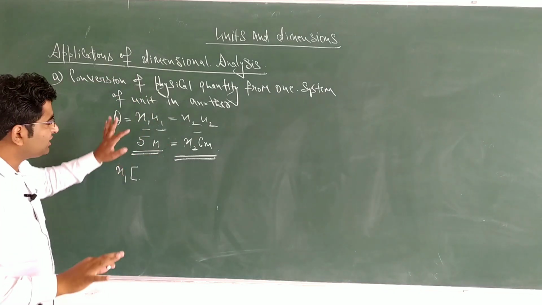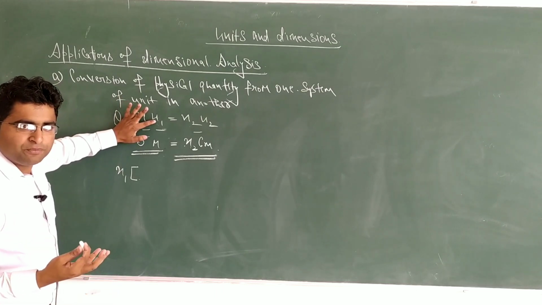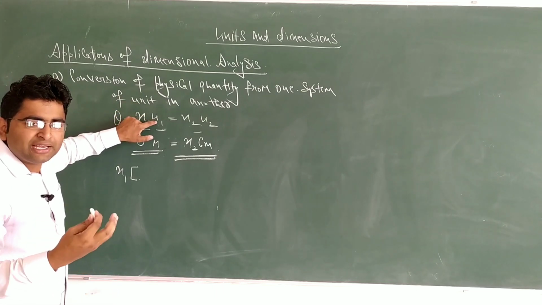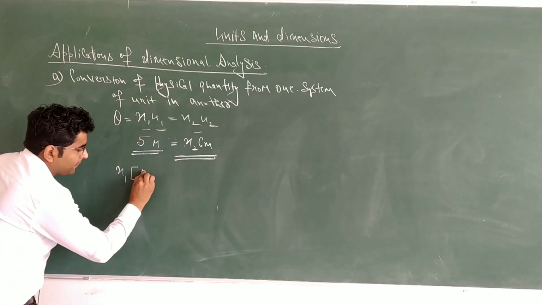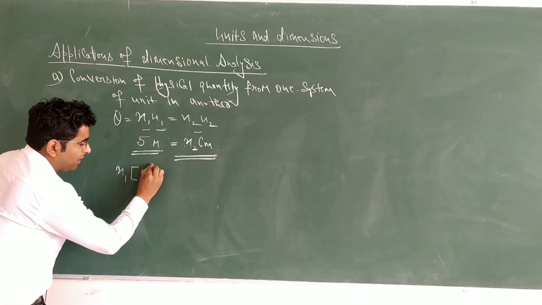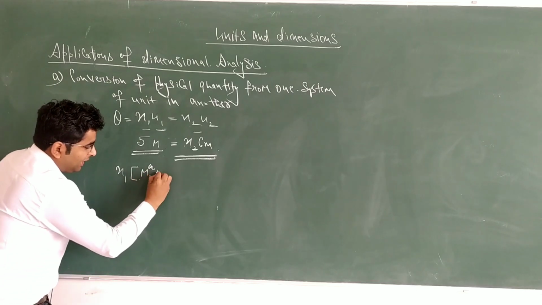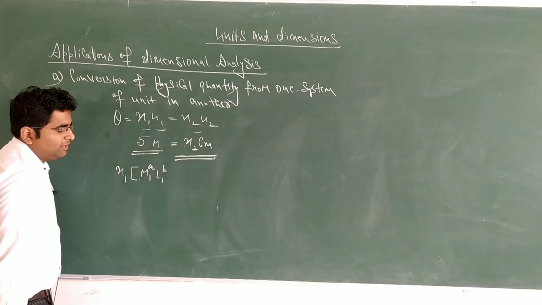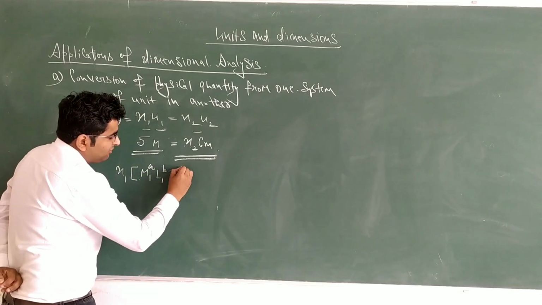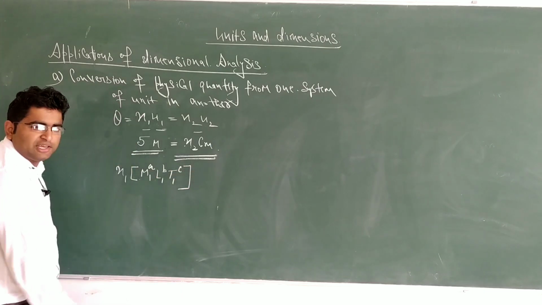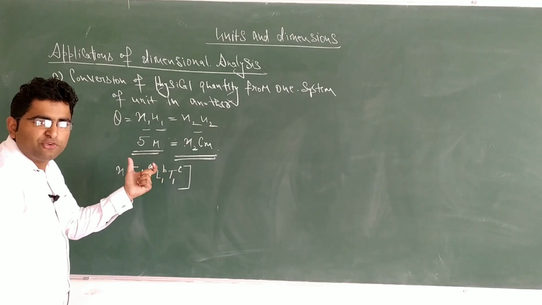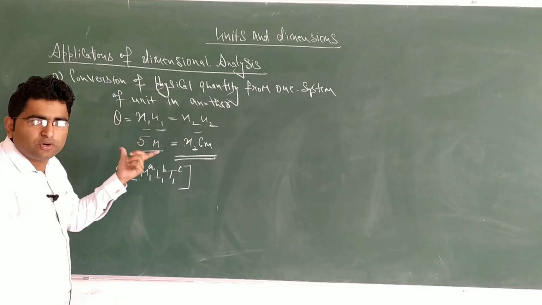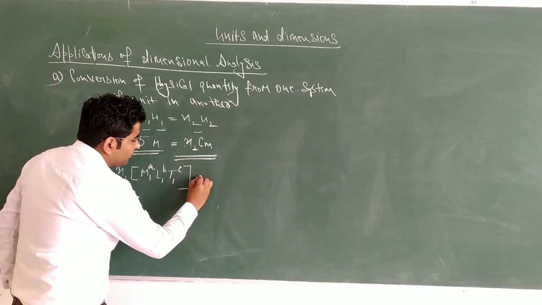We don't know on which power the unit depends on M, L and T. So we will write M1 power a, L1 power b, T1 power c. Clear? Where M1, L1 and T1 are the fundamental units in the first system.